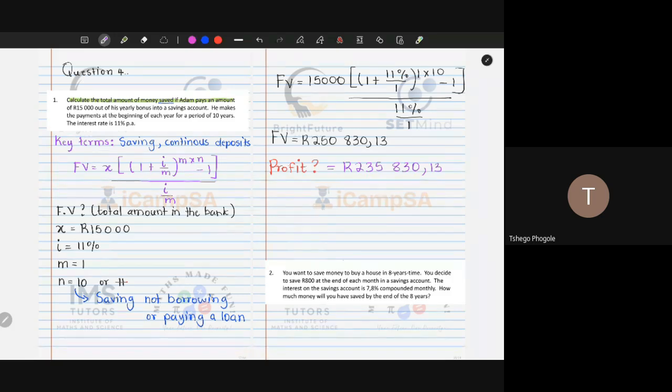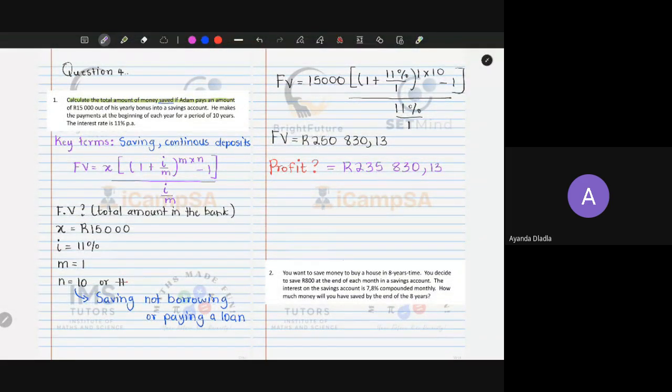How did you get that? I took the future value and minus the initial amount that he invested. He invested each year. Yeah, but how much did he invest in total? 150,000.